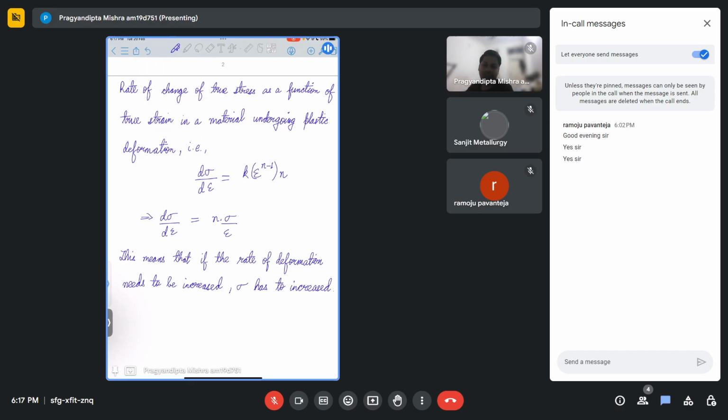So essentially, your rate of deformation becomes proportional to the stress value. More stress would imply a higher rate of deformation.